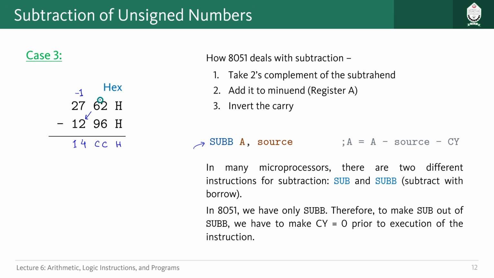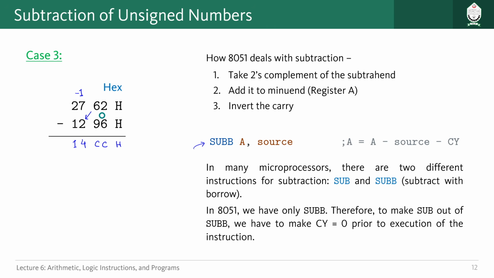Okay, for this particular example, you see, if I take the calculation for these two values, because always we do calculation in terms of 8-bit values in 8051. So that means if I want to calculate the 16-bit subtraction, just like the example we have seen for ADDC, here we have to first of all do the subtraction for these two 8-bit values, 62 and 96.